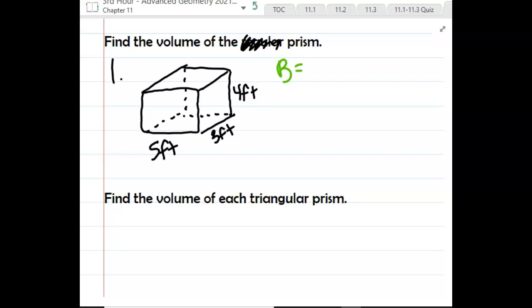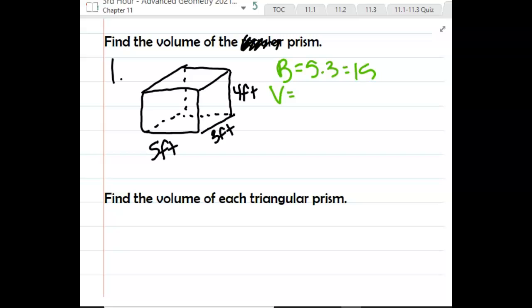And like the first one, you technically could pick, there's 3 different options for the bases. But if we can, let's choose one that it's sitting on. And I can because there's a parallel face opposite it. So if I wanted to find the area of that bottom, what would you do? 5 times 3. So the area of my base is 15.